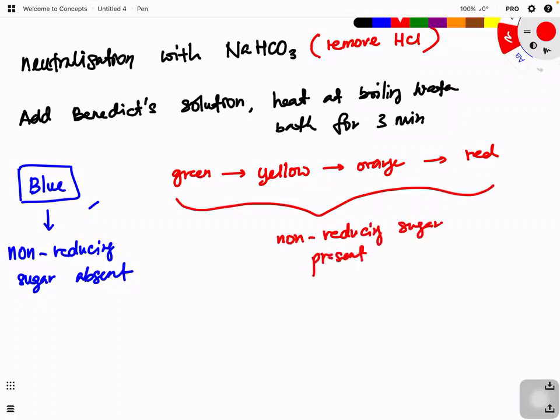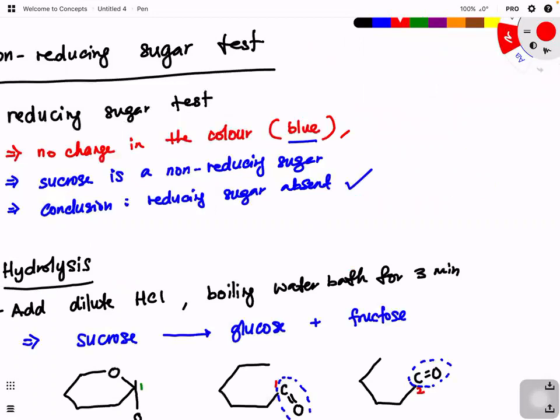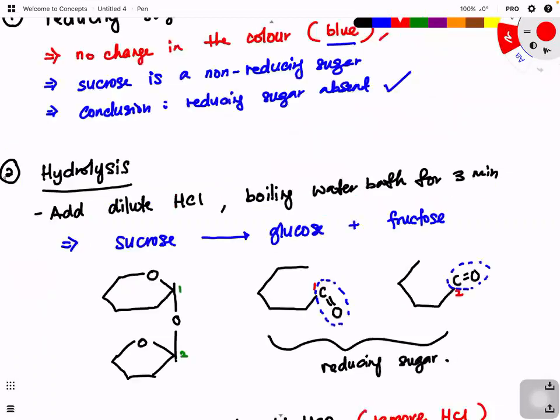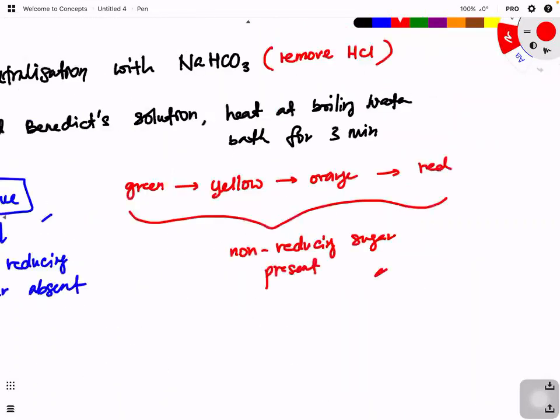Okay, but before we make this judgment, you need to check back the first results here. Are you clear? If they still remain blue, it means that at first there is no reducing sugar, but after that reducing sugar is present, right? So make sure, and then we can conclude non-reducing sugar or sucrose present. Okay.